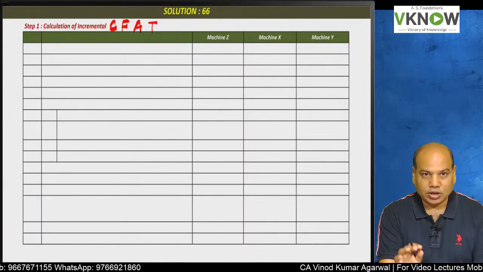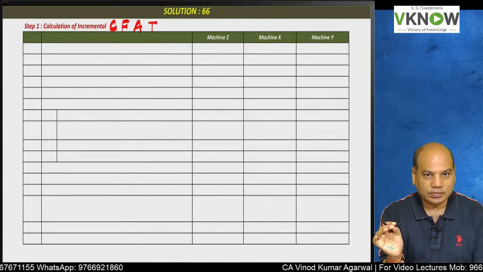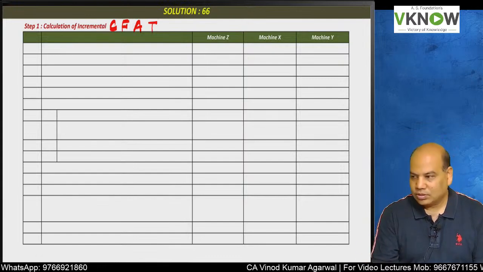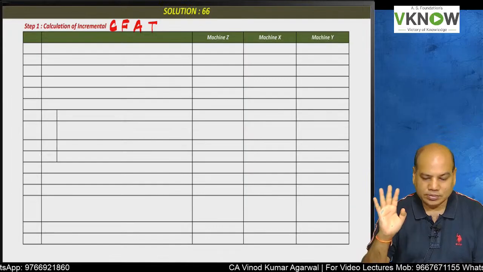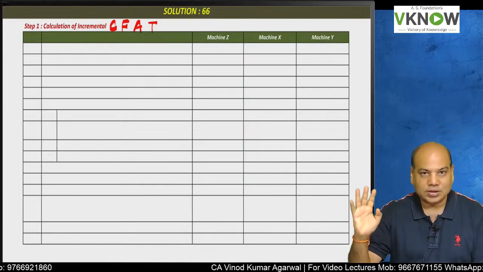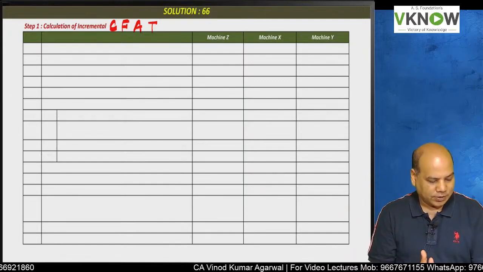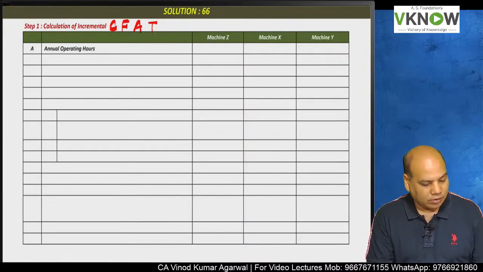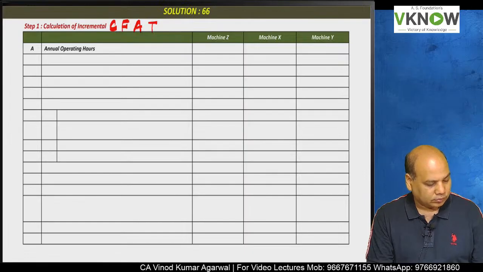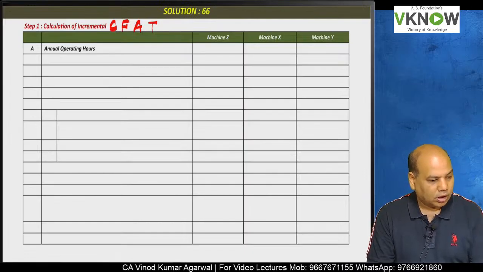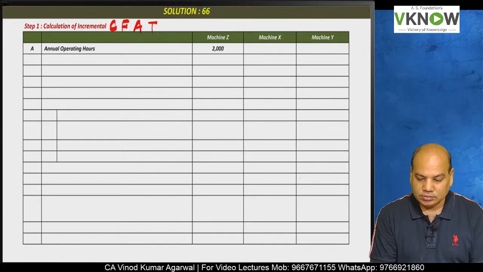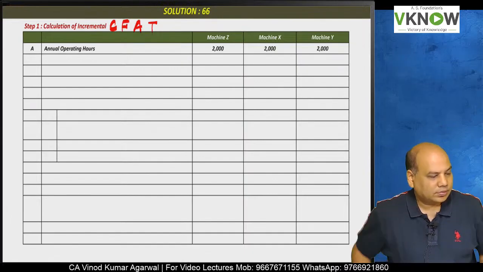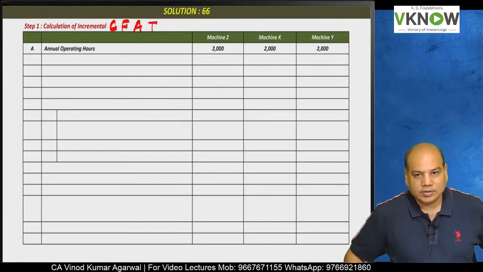Just think you are sitting in a costing class and these are some basic data given to you. Draw 3 columns on the right side: machine Z, machine X, machine Y. Then write down annual operating hours, 2000 hours. Is it right?